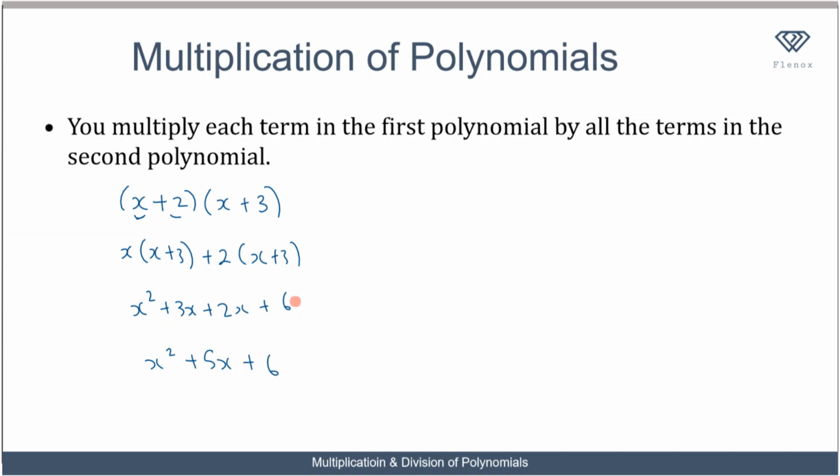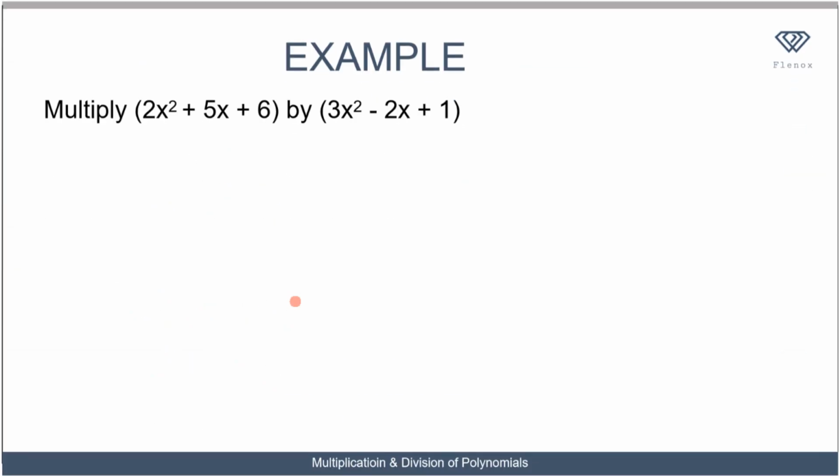The same concept applies when I want to multiply larger polynomials. In this example, we are told to multiply this polynomial by this polynomial. The first thing we do is take each term in the first polynomial and multiply it by the second polynomial. The first term is 2x squared, so we multiply that with everything in the second polynomial, which is 3x squared minus 2x plus 1.